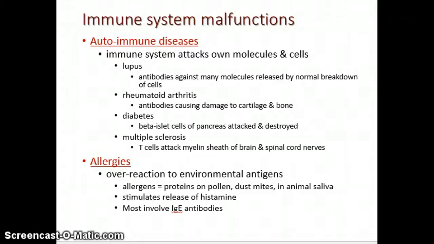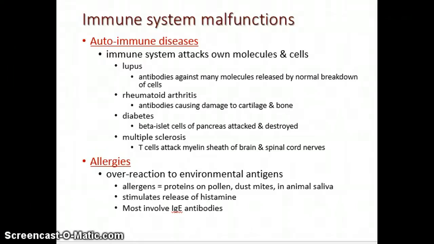So, for example, hay fever is going to occur when the B plasma cells secrete IgE that are specific for a pollen allergen.